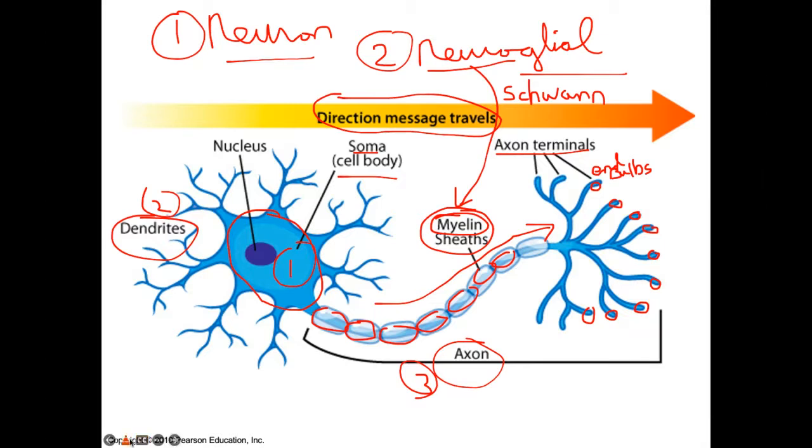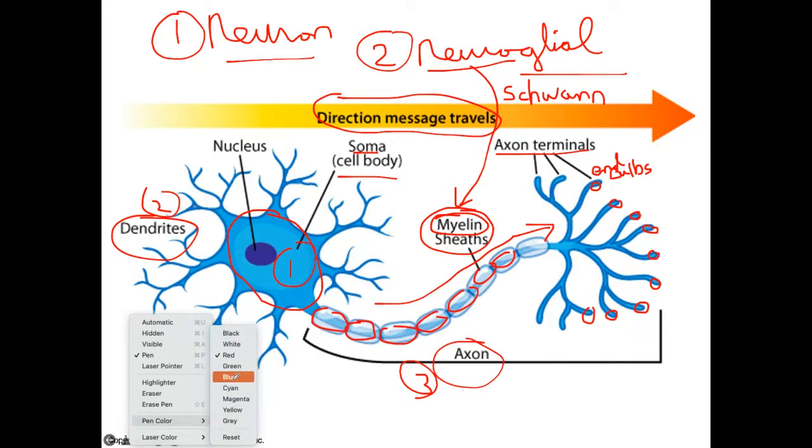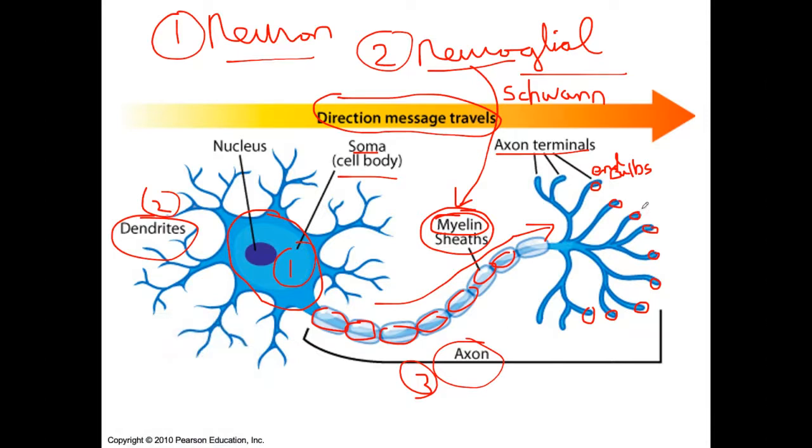Now, let's say this synaptic end bulb, let's change this to black here. It's going to attach to something. It's got to connect to something. So let's say right here, this is going to be a muscle. Let's just say this is muscle tissue here.